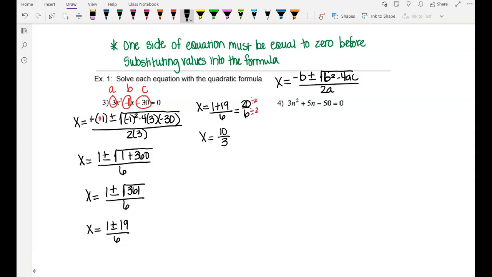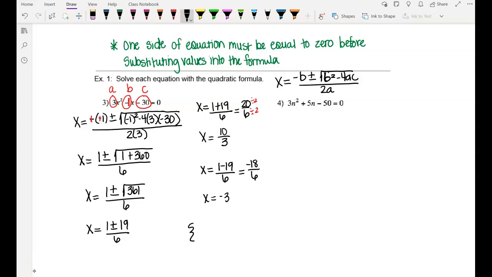But I have to go back now. I have to do 1 minus 19. So x equals 1 minus 19 divided by 6, which is negative 18 divided by 6. So x equals negative 3.